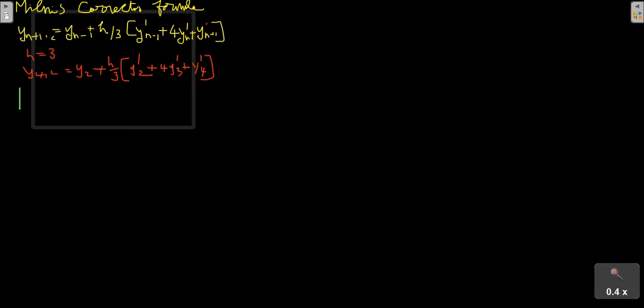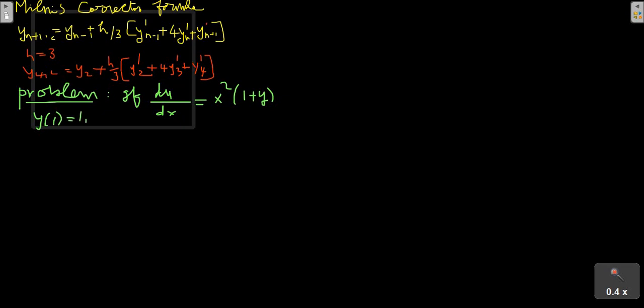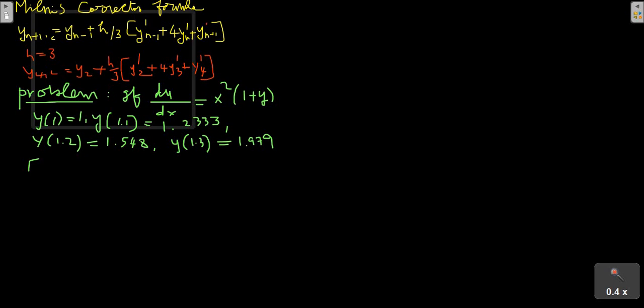Now let us take one problem to solve. The first derivative is given to us: dy by dx equals x square into 1 plus y. Some initial conditions are also given. When x0 equals 1, y0 equals 1.